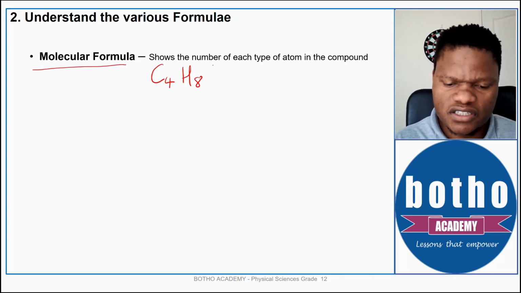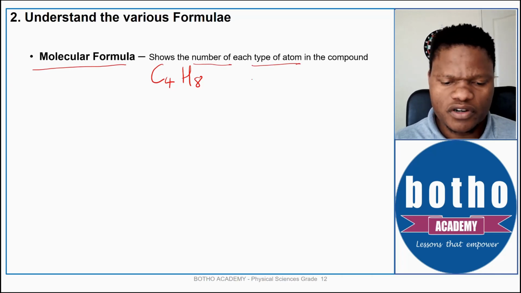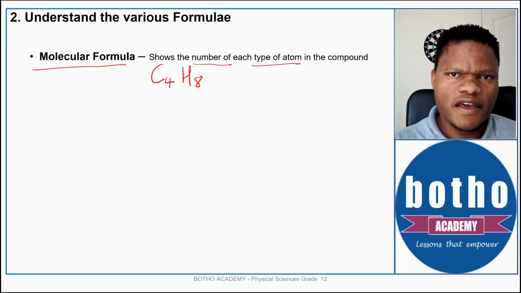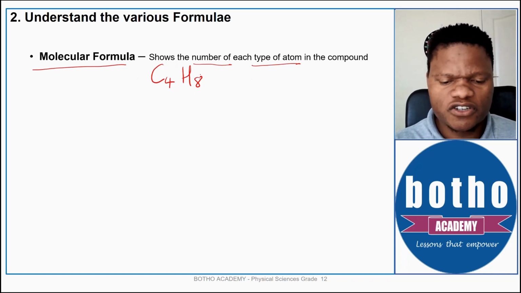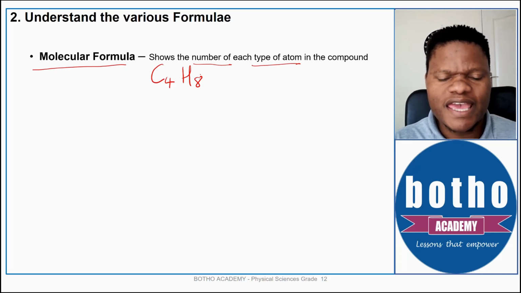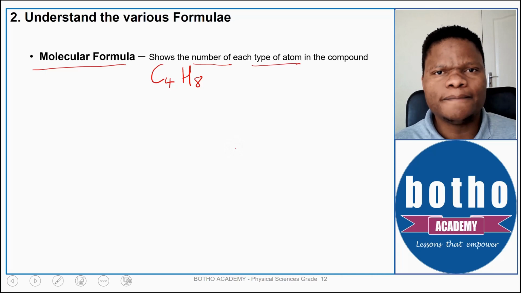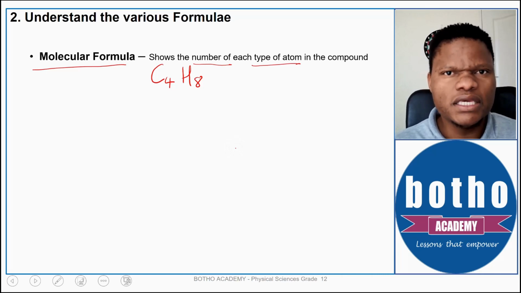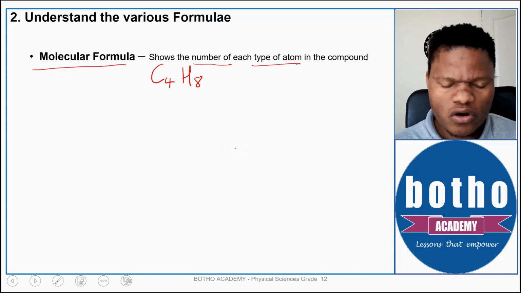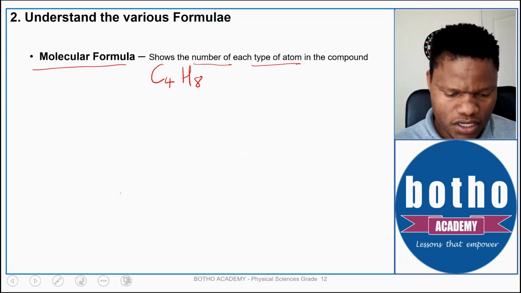It just tells you the number of each type of atom in the compound. Carbon is represented 4 times, or by 4 atoms there, and hydrogen is represented by 8 atoms. So that's what we call the molecular formula. It is the easiest or the most simple of the formulae that we're going to look at today.